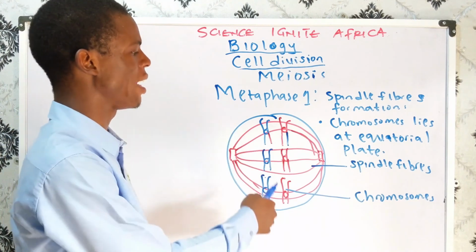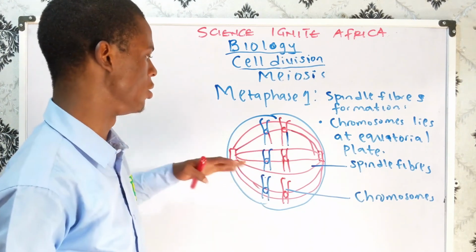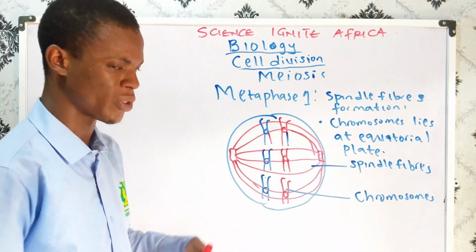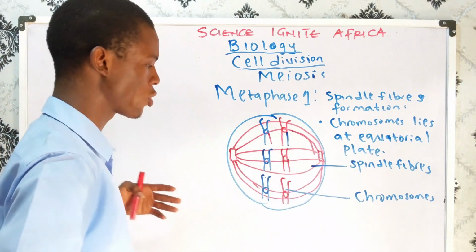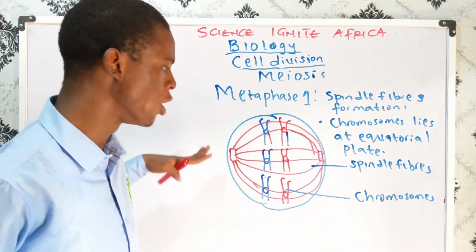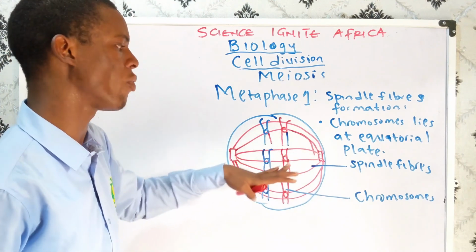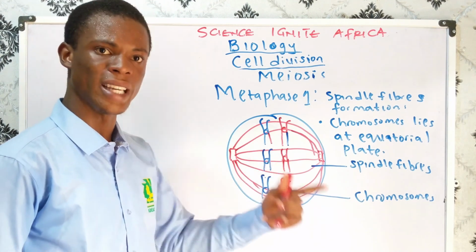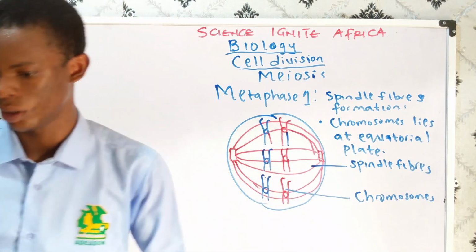That's an alignment in the central region, and the centrioles are towards the opposite poles. When you see centrioles at opposite poles and a rope-like structure called the spindle fibers, you know that you are at the metaphase stage. We will see the next in the next video.